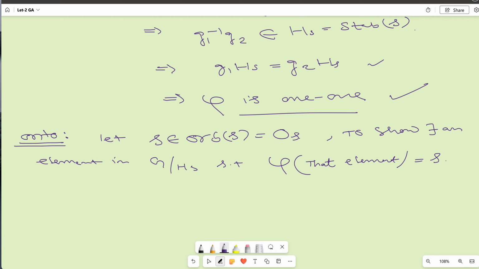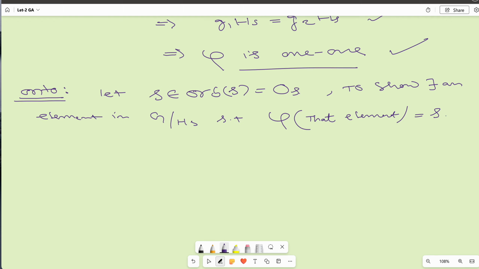What is the best possible choice for that? Suppose E of H. What is this?